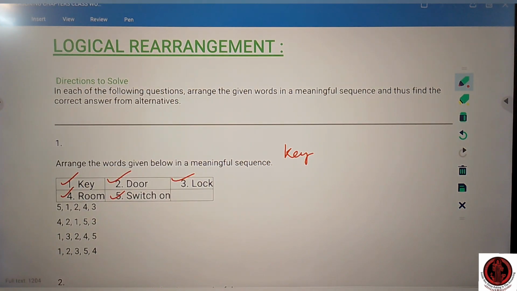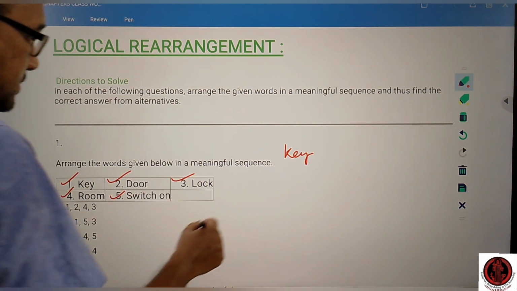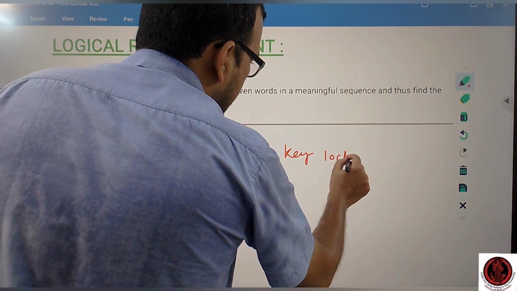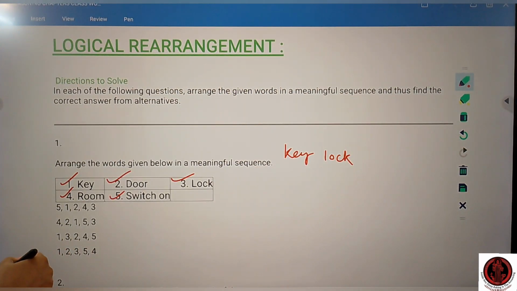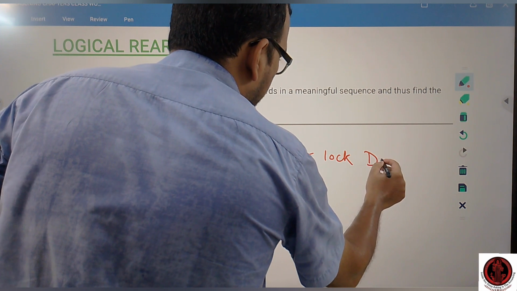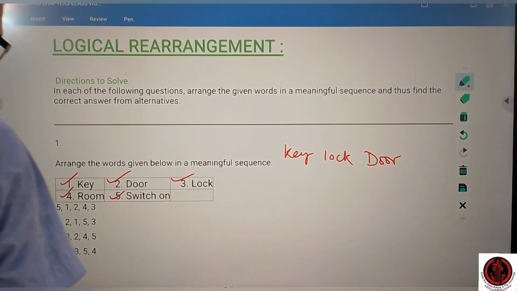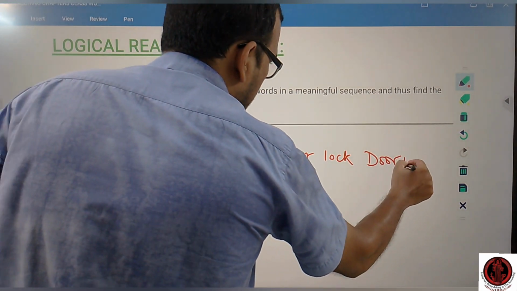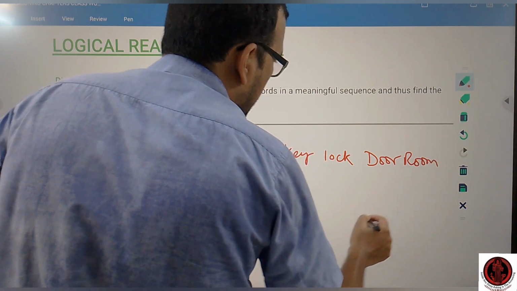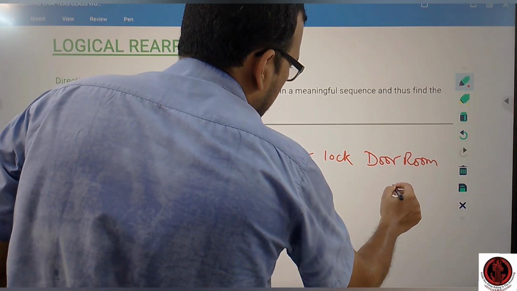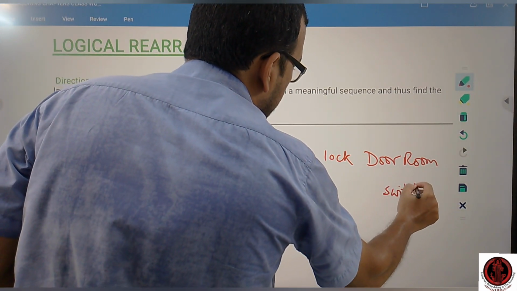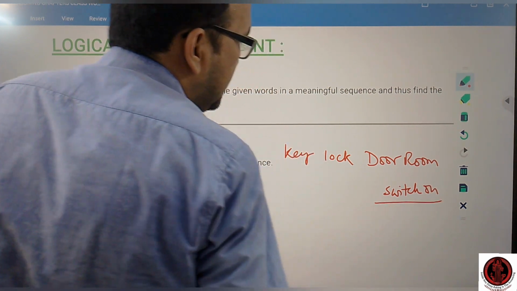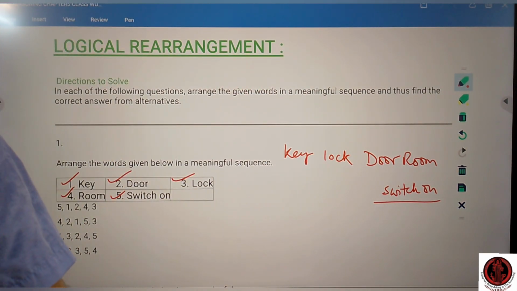First key, then using that key you can open the lock. After opening the lock you can open the door. After opening the door you can enter into a room. After entering into a room you can switch on the light or fan.